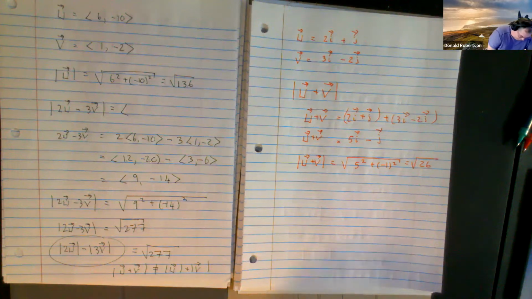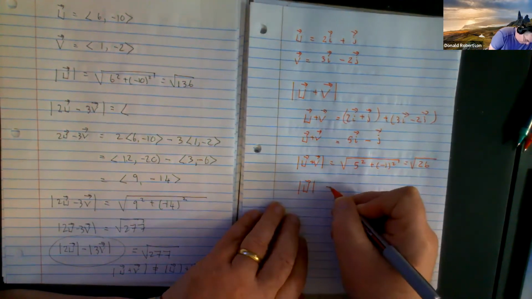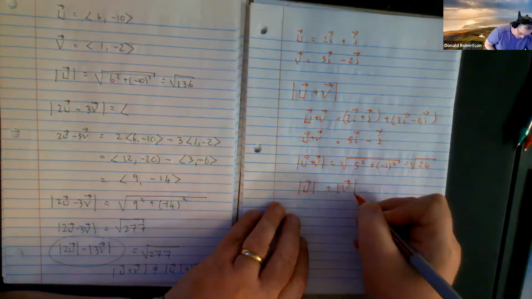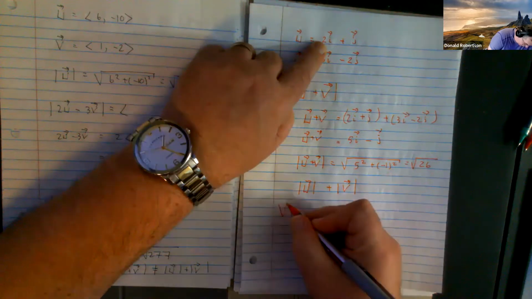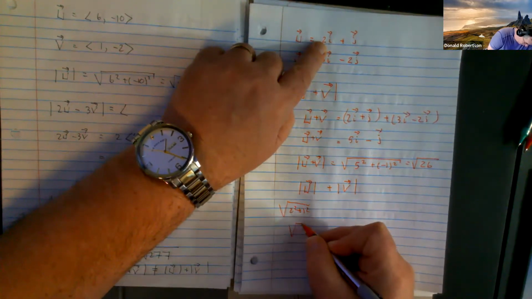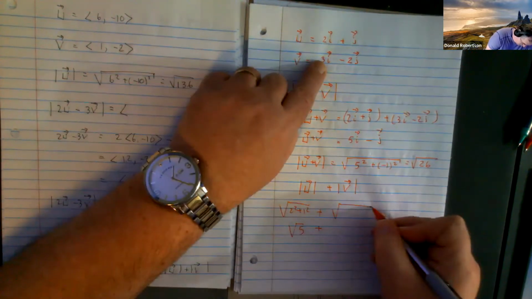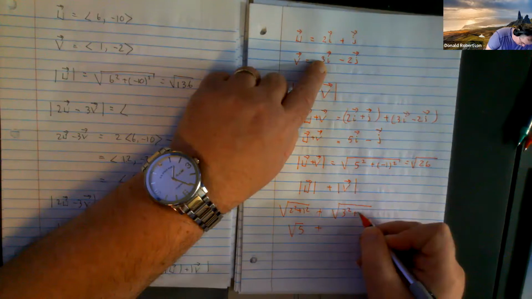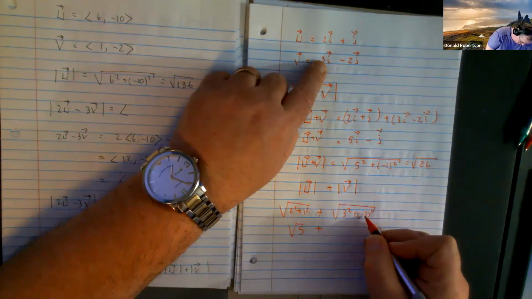Okay, let's do the other two then. Let's find the magnitude separately and add the answers. If you want the magnitude of this fella, it's the square root of 2 squared plus 1 squared, which is the square root of 5. And if you want this fella, it's going to be 3 squared plus negative 2 squared, which is 9 and 4 is 13.